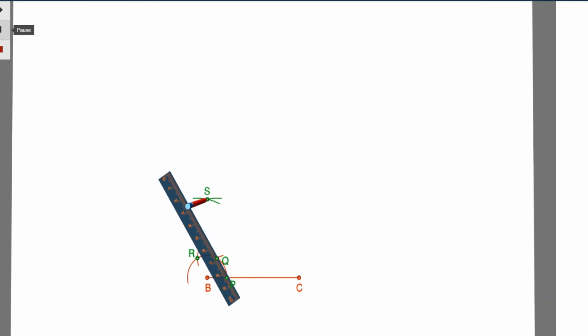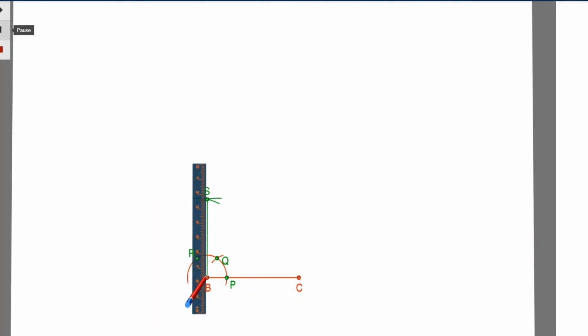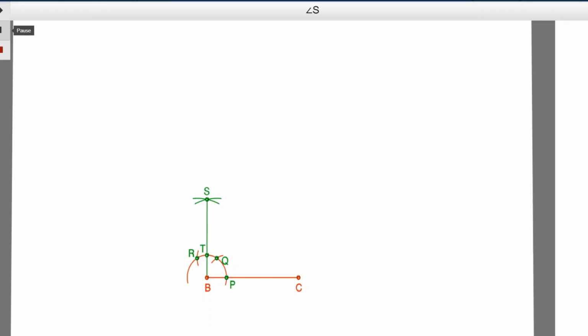Let it be S. Now join SB. Mark the point T where this line and the first arc intersect. Now see, PQ makes 60 degree angle with center B, QT makes 30 degree and TR makes 30 degree.